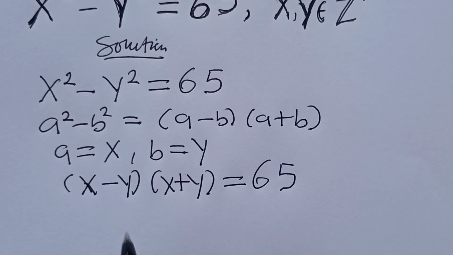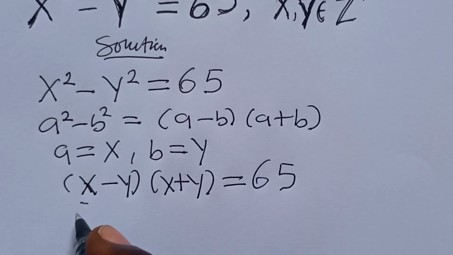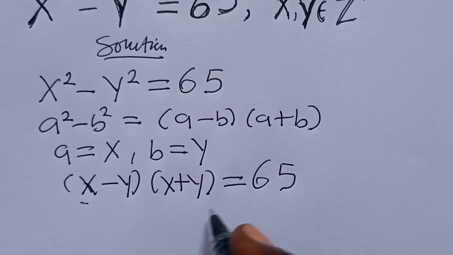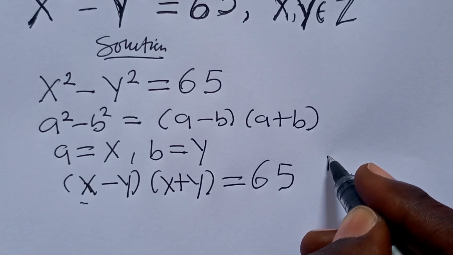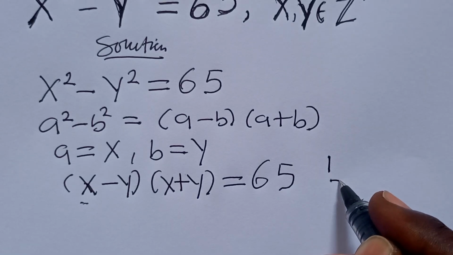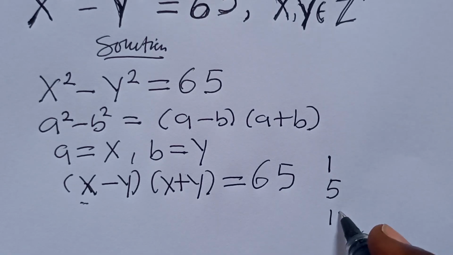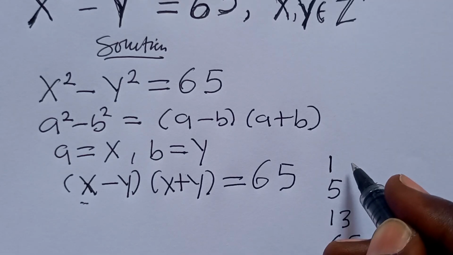So that implies we need to find the two factors such that if we multiply x minus y with x plus y, it gives us 65. And what are the factors of 65? The factors of 65, we know 1 is part of it, we know 5 is part of it, 13 is part of it, 65 itself is part of it.